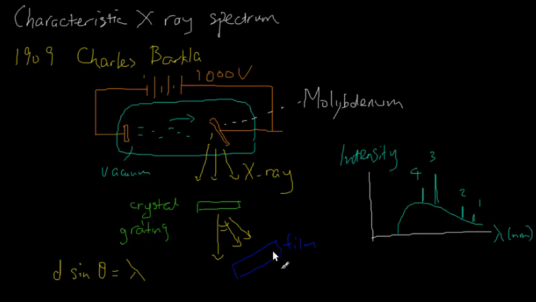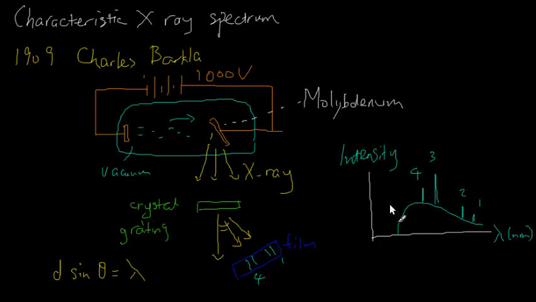It would probably give you lines here, 1 to 4, and there would be a kind of background that would show up as a lighter shade of gray that spreads over the whole film.